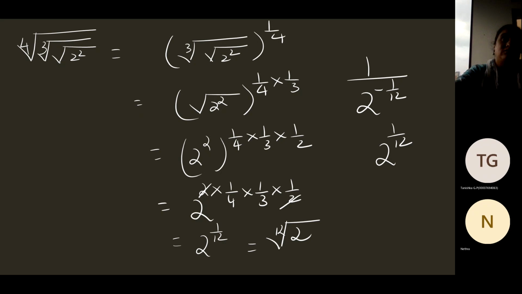Arjun, is 1 by 2 to the power minus 1 by 12 a part of the answer? On the board, 1 by 2 to the power minus 1 by 12. Is that a part of the answer? No. And below that, 2 to the power 1 by 12.